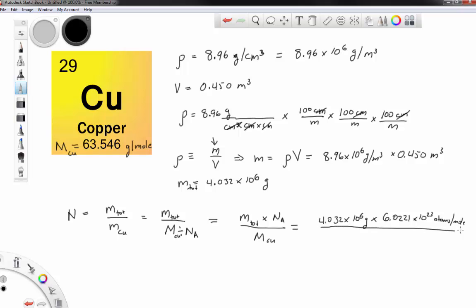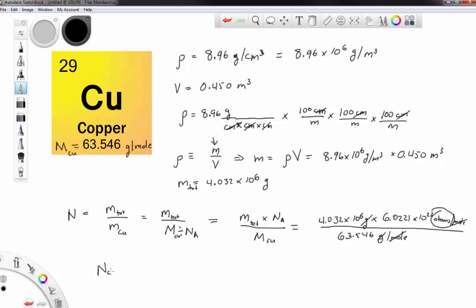Going to divide that by 63.546 grams per mole. You could get that, by the way, by just doing dimensional analysis, because what we're going to see here is we have a per mole here and we have a per mole here. We have a grams here and we have a grams here, and so we're left with the unit of atoms.